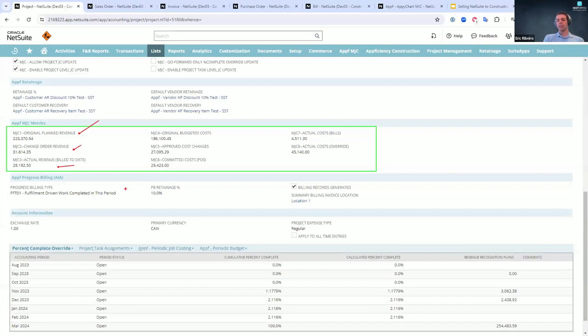What we often see is also percent complete type billing. And this is very different than what you see coming standard out of NetSuite with their advanced project module, where the advanced project module in NetSuite only allows you to charge based off of labor hours, where percent complete is based off of percent cost incurred. What does that mean? Well, when you think about construction, it's more than just labor.